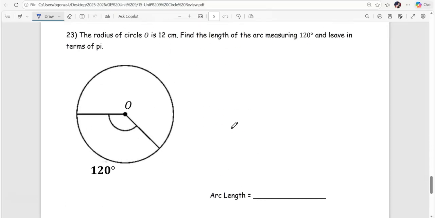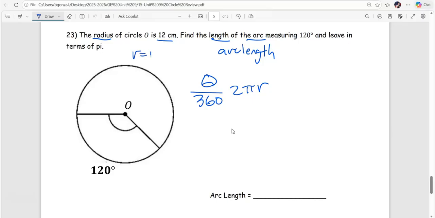Let's do this. Okay, find the length of the arc. Arc length. Okay, so what is that? Theta over 360, 2 pi r. Okay, r is 12, so r equals 12. Theta equals 120. All right, it's too easy. 120 over 360, 2 pi 12.